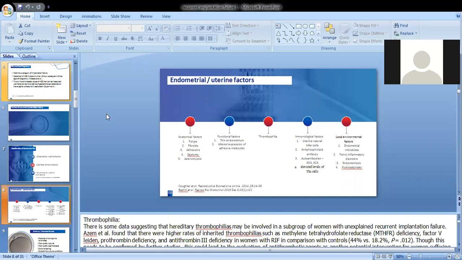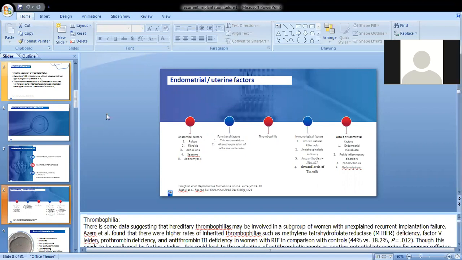In some of the cases, primary thrombophilia may be a factor for unexplained recurrent implantation failure. And some of the patients may have immunological factors like increased levels of uterine natural killer cells, antiphospholipid antibody, autoantibodies, elevated levels of Th1 cells.